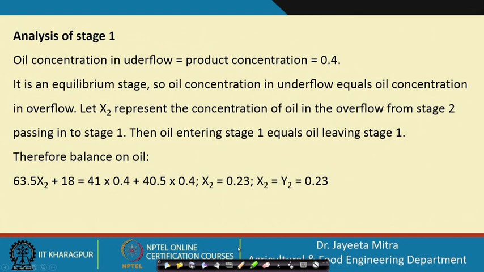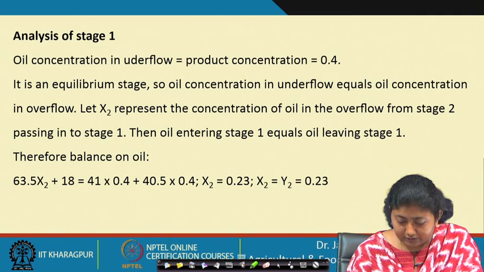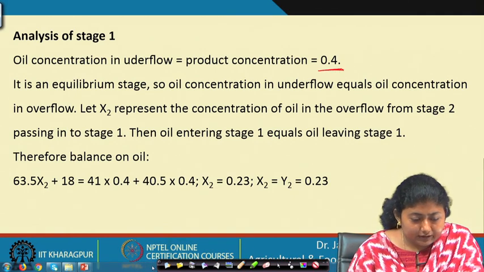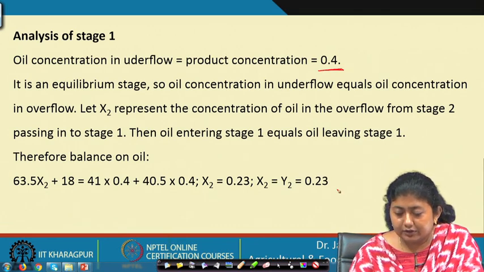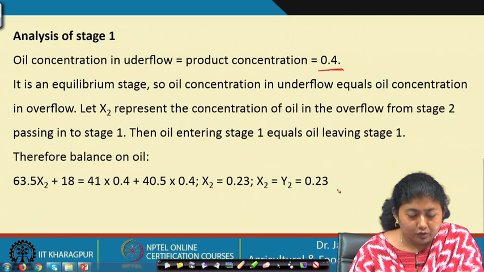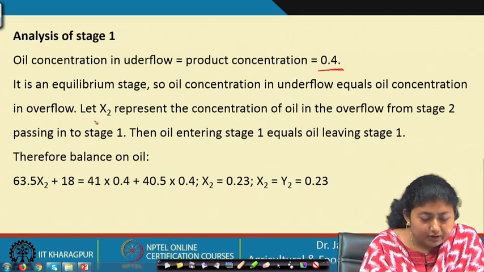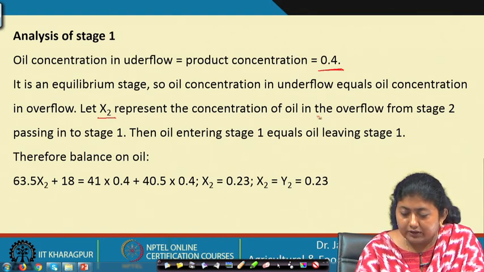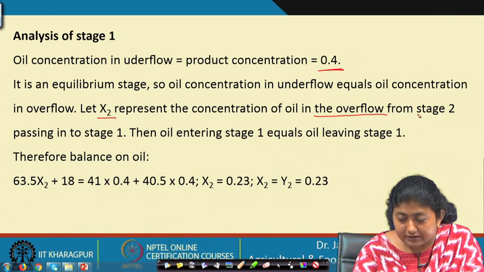So, the analysis of stage 1 is that the oil concentration in the underflow, that is the product concentration, comes to 0.4, 40% was there, and it is an equilibrium stage. So, the oil concentration in the underflow equals the oil concentration in the overflow, because all stages will be in equilibrium. Let x2 represent the concentration of oil in the overflow from stage 2.